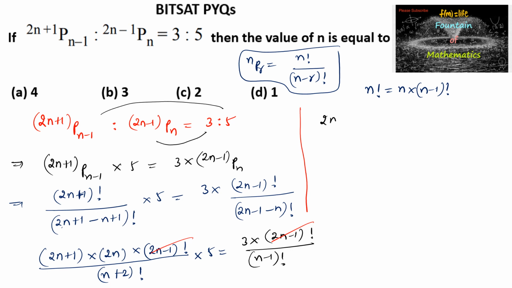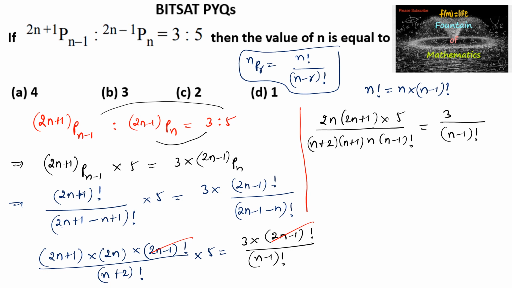So let us write 2n into (2n+1), and again the denominator (n+2)! and (n-1)!. n+2 is greater than n-1, so we can write here (n+2) into (n+1) into n into (n-1)!, which is into 5, which is equal to 3 upon (n-1)!.